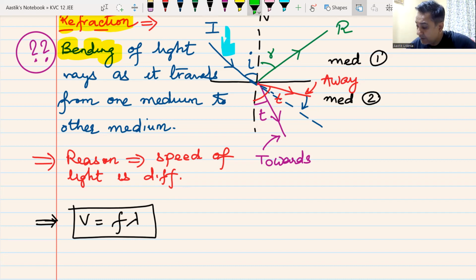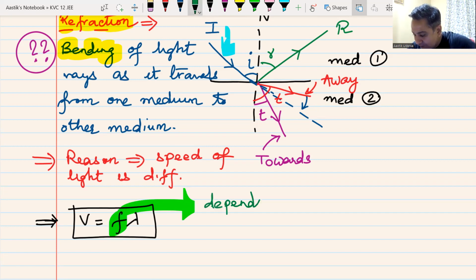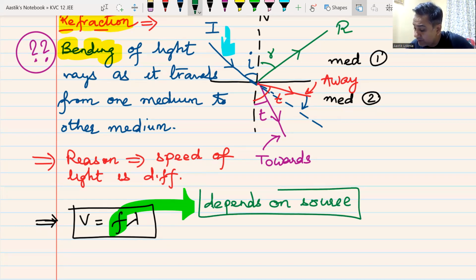Yes, sir. Now, in this F, this frequency depends on the source. This frequency of the wave or the light ray depends on the source, and it always remains same unless you change the source of light. For example, this LED bulb will give me a different frequency of light. Some other bulb may give me a different frequency. The frequency of light always remains same whether you change the medium or not.